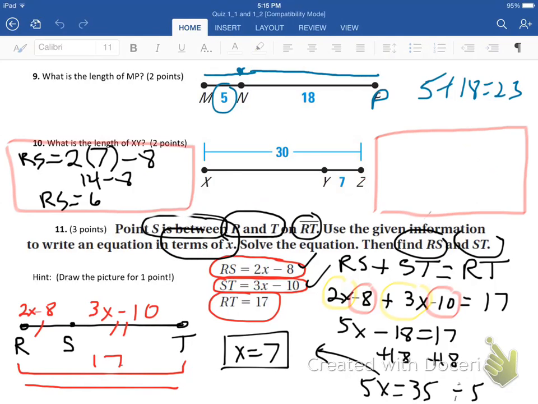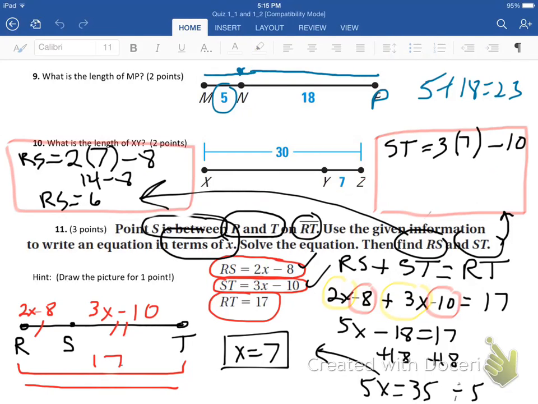There's ST. So RS is right there. ST is right there. And I'm going to write ST equals 3 times x minus 10. And we said x is 7. So that's 3 times 7 is 21 minus 10 is 11. There's ST. And we've answered everything.